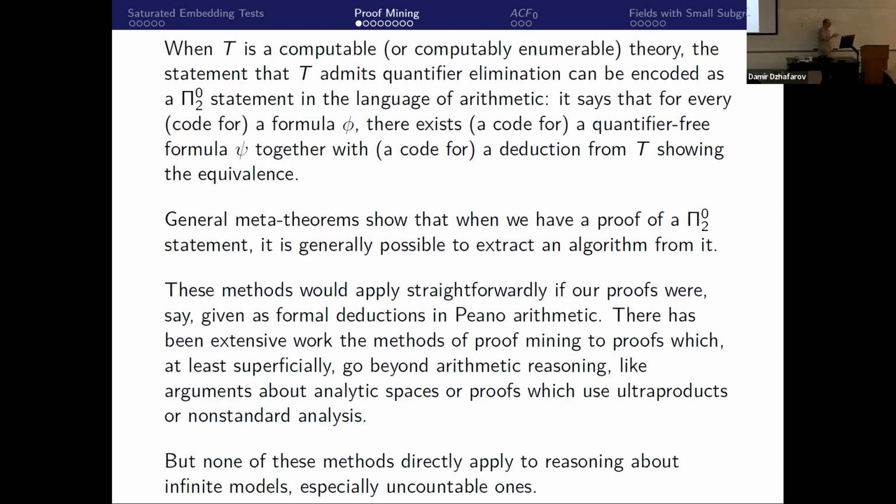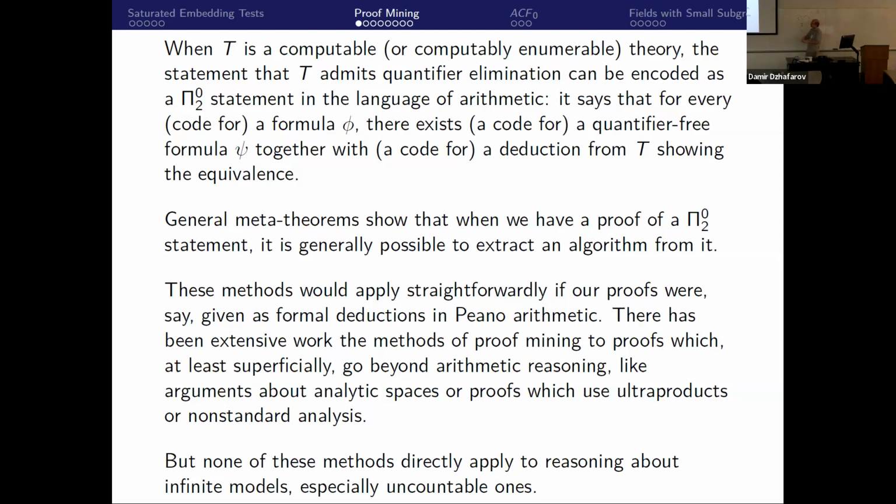So if that 800-page book about transseries had been written in the form of formal deductions, then it would be totally straightforward formality to just apply general results from proof theory to obtain an algorithm. Of course, no one writes anything as formal deductions in proof theory or any other system, right? People write mathematics in English using normal arguments.